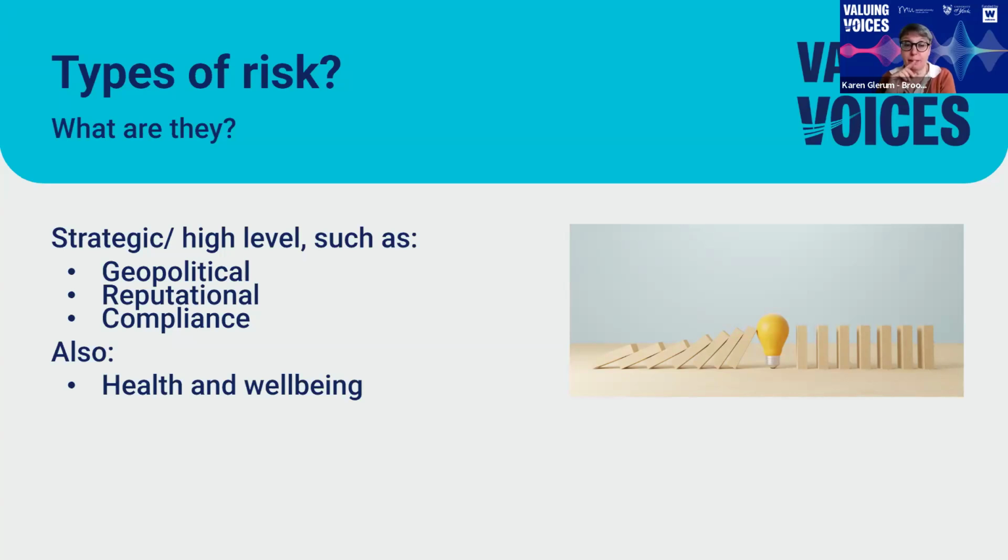But at the same time, it's completely logical, because if somebody is not well in their job, and either quits or becomes ill, that's a huge risk to any research project. So it is well worth thinking about these risks as well.